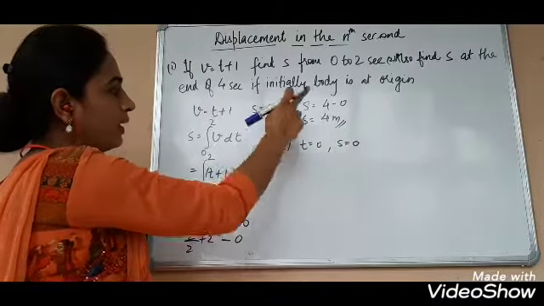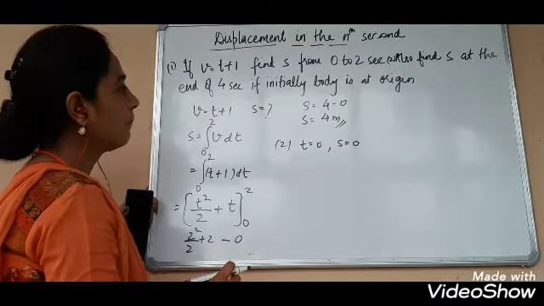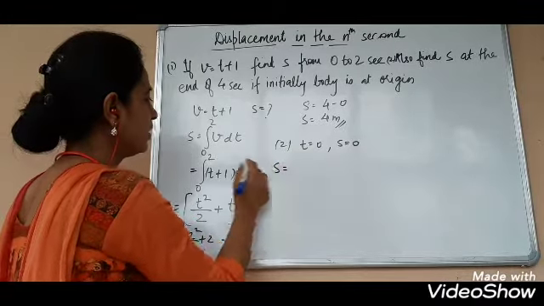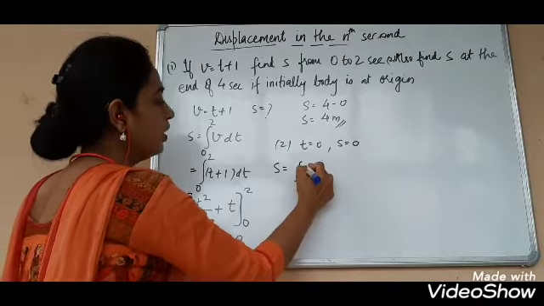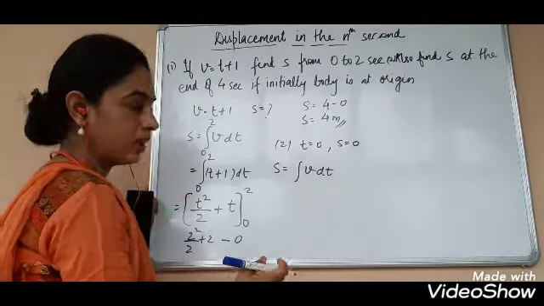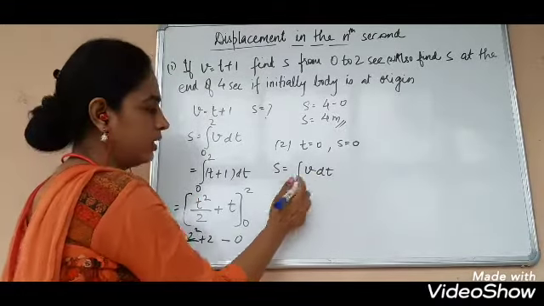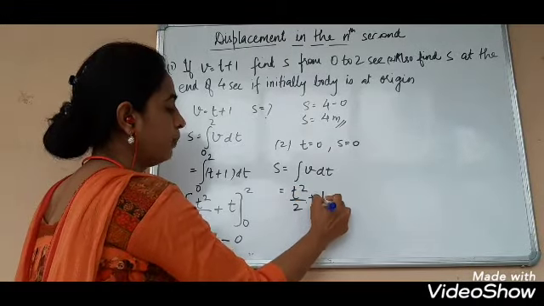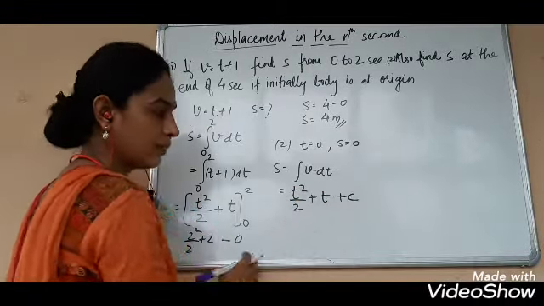And you have to find the displacement at the end of 4 seconds. So again, displacement is equal to the integration of v dt. Since here no limits are given, this will be an indefinite integration. So that will be equal to t square by 2 plus t plus c.